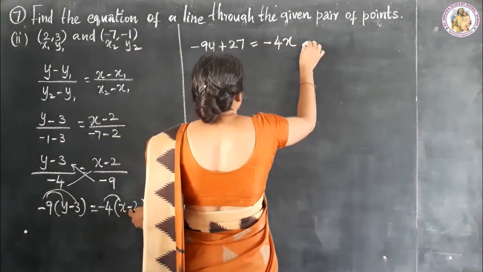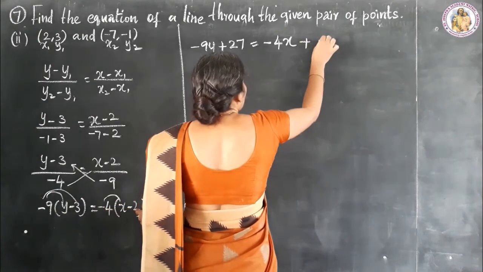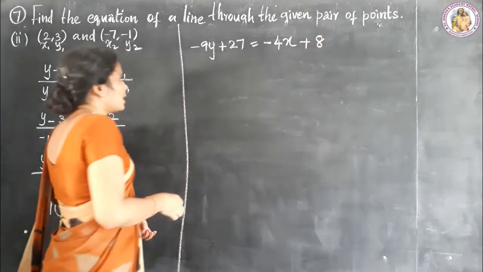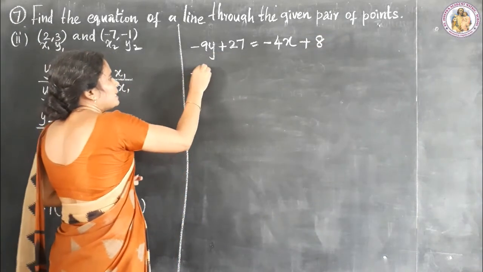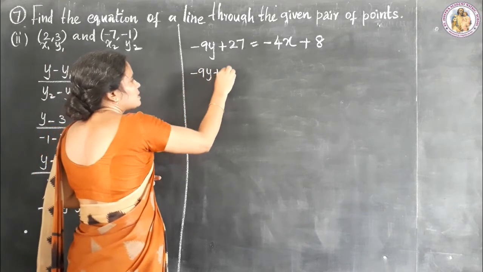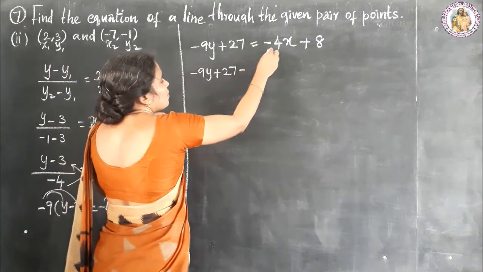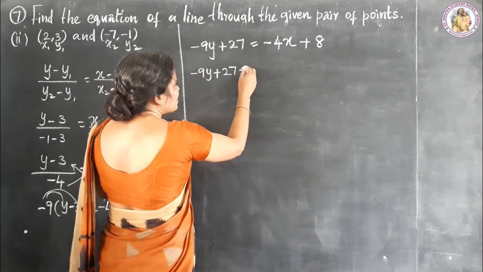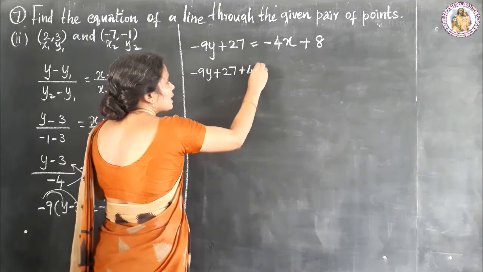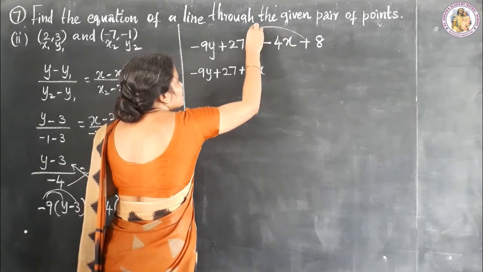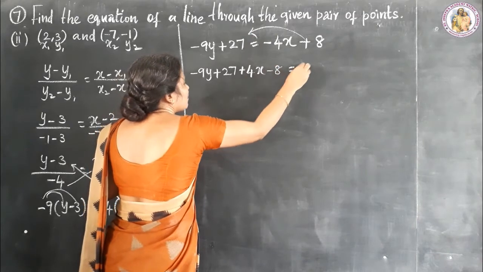minus into minus plus, 4 twos are 8. Now here, minus 9y plus 27 minus 4x; while it comes here it becomes plus 4x, and plus 8 while it comes here it becomes minus 8, is equal to 0.